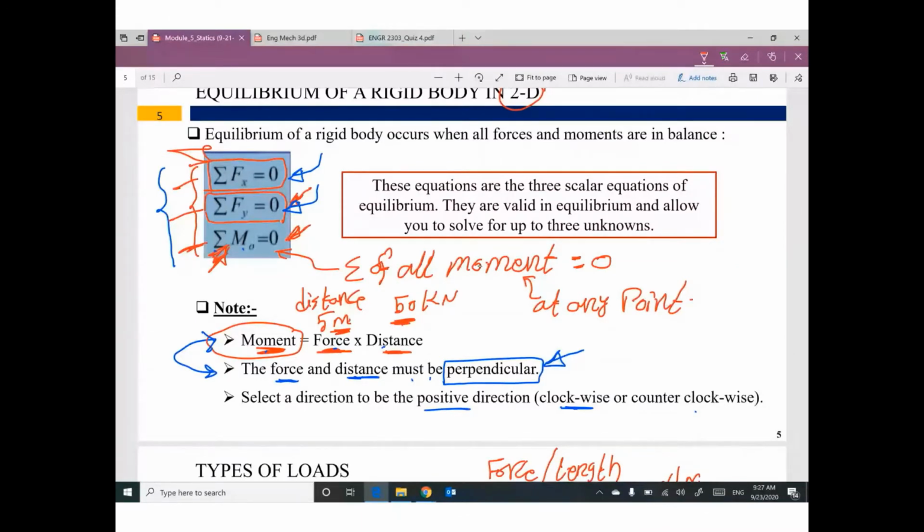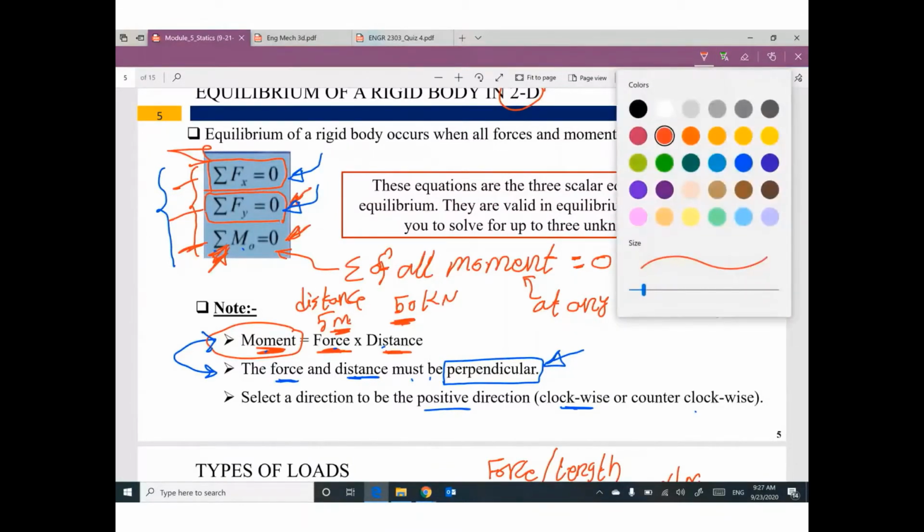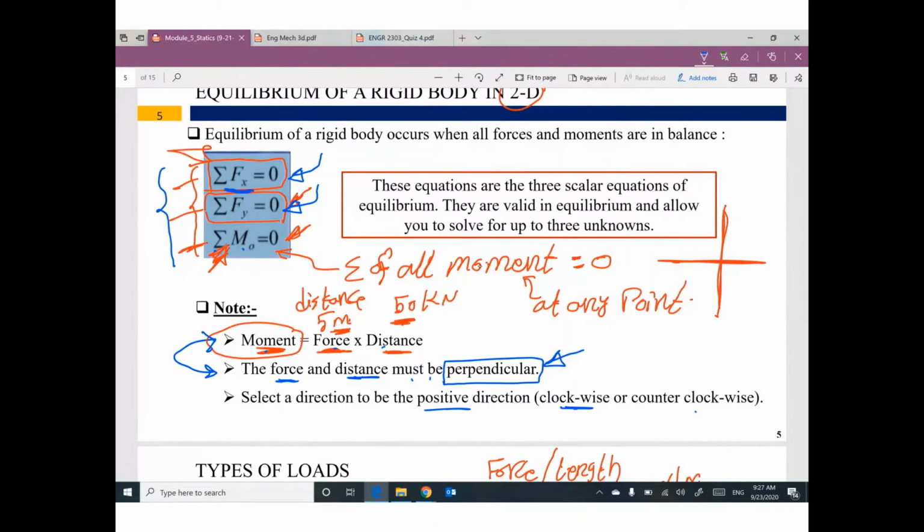So I'm looking to make all forces in any problem horizontal and vertical. Why horizontal? To say summation of all horizontal forces equals 0, and summation of all vertical forces equals 0. Today, we will apply a new equilibrium equation, summation of moments at any point equals 0.